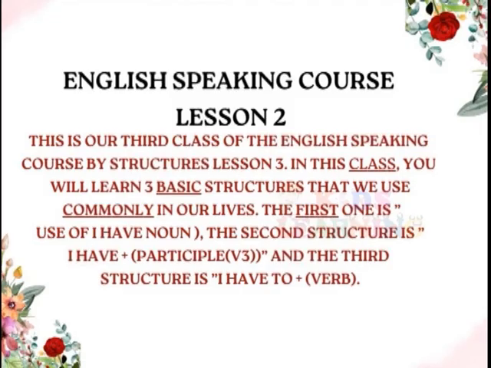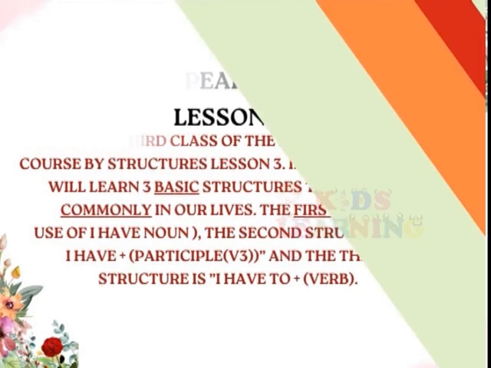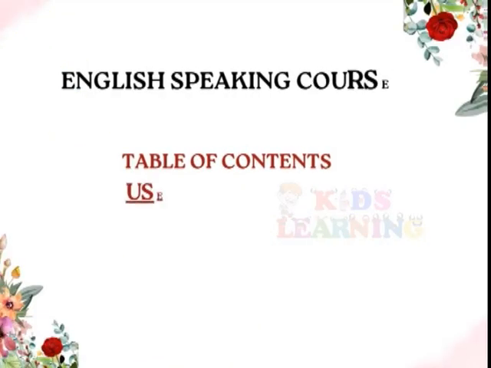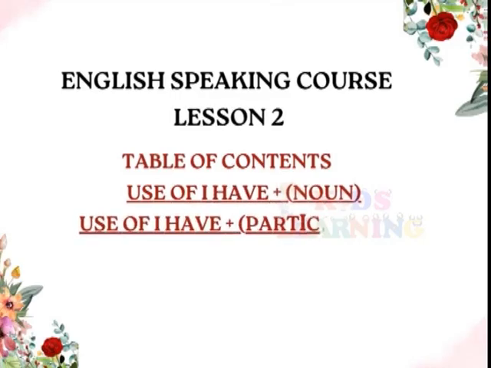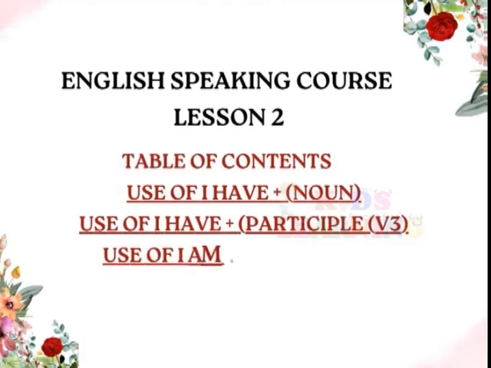The second structure is I have, participle, V3, and the third structure is I have to, verb. Table of contents: use of I have, noun; use of I have, participle, V3; use of I am gonna, verb.